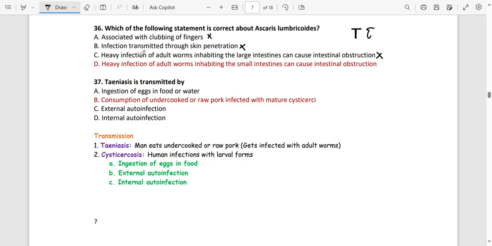Right. Heavy infection adult worms inhabiting small intestines can cause intestinal obstruction. So, this intestinal obstruction that is caused by Ascaris will actually lead to deficiency of some nutrients because there's not going to be any absorption because of the obstruction.